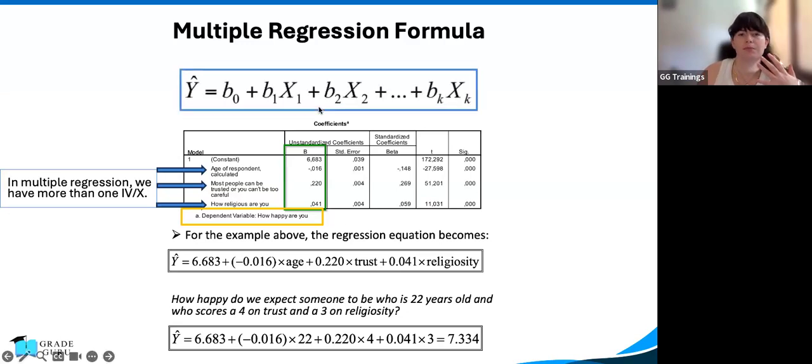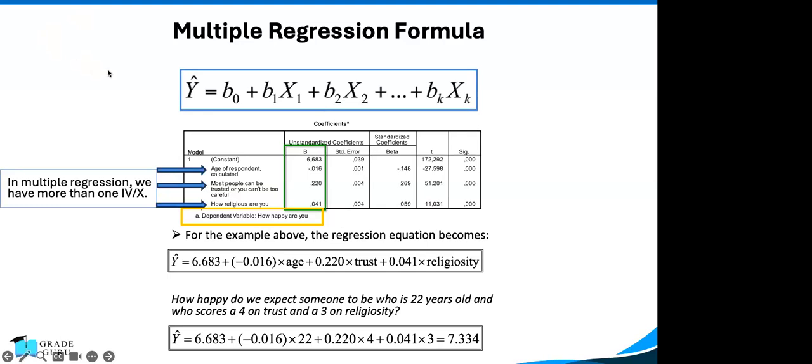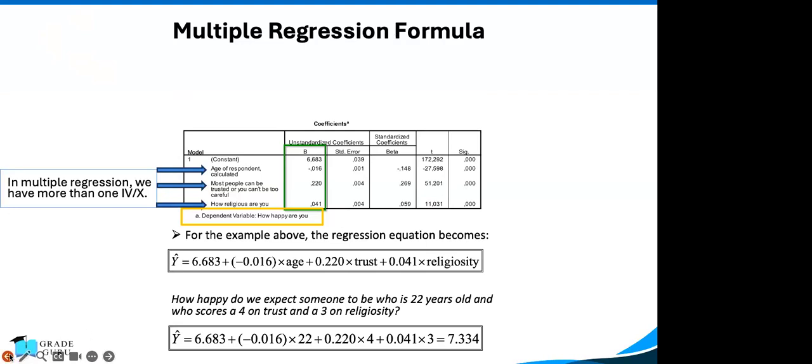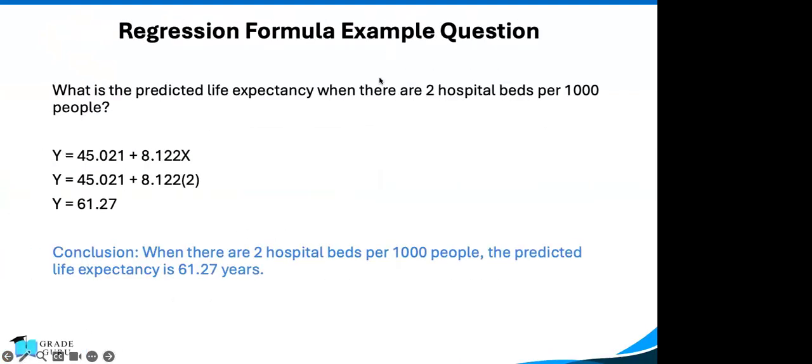Oh yes, Laura. I just have a question about the last slide, about the conclusion. If it's just a simple calculation, not the test of significance, do we have to say "in the population," or is this not about a population?